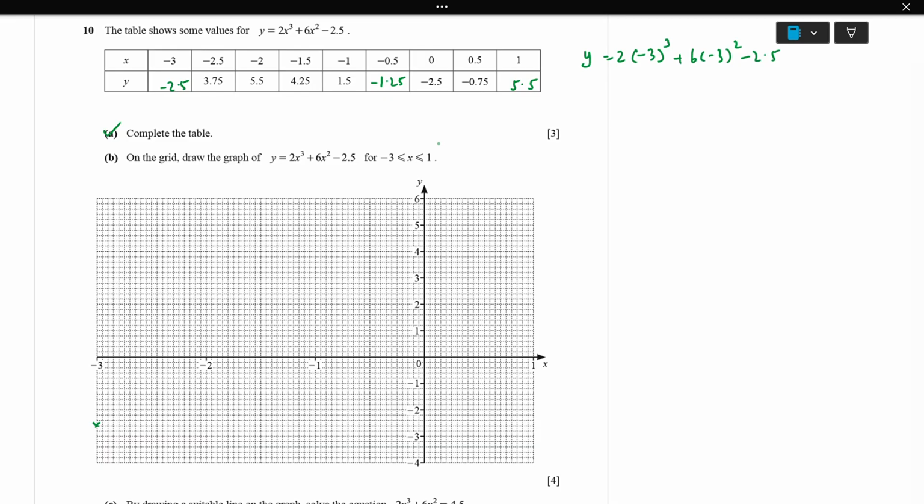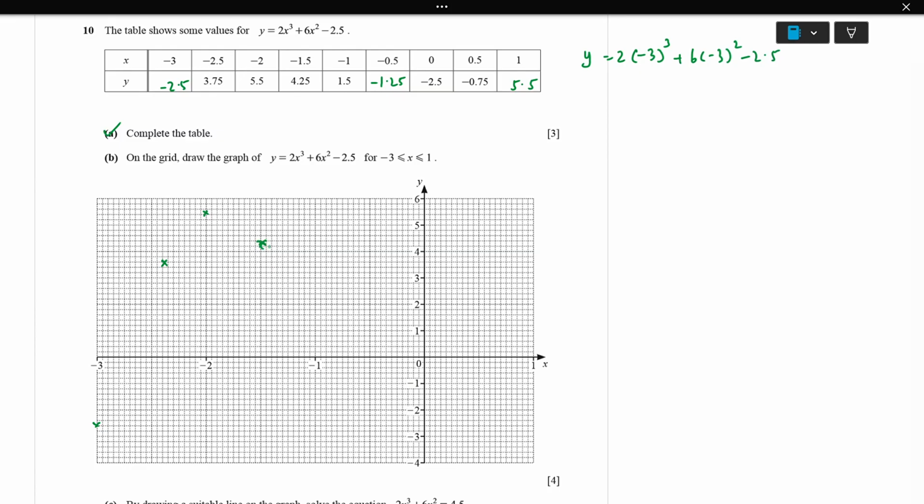The next is -2.5 and 3.75, which is going to be close to 4. Next, -2 and 5.5 is here. Next is -1.5 and 4.25, which is here.